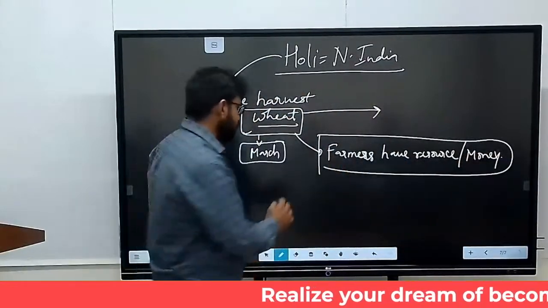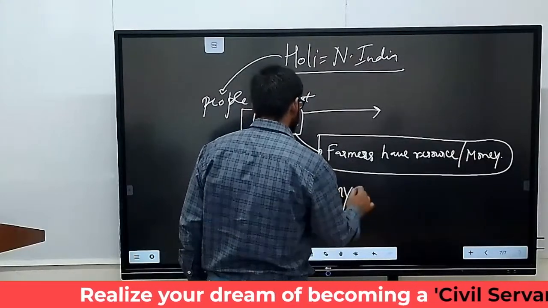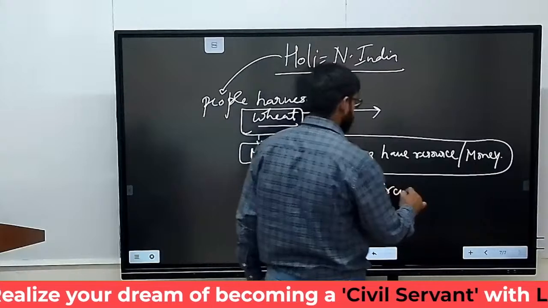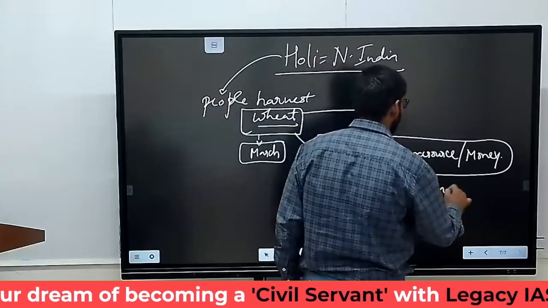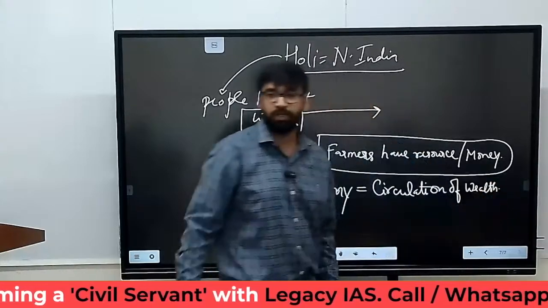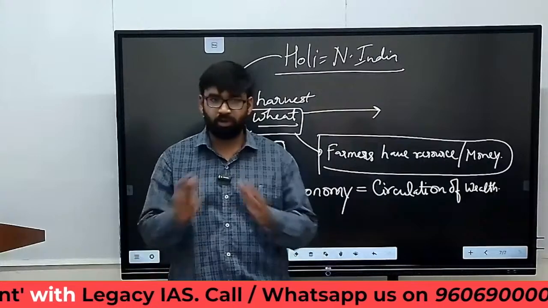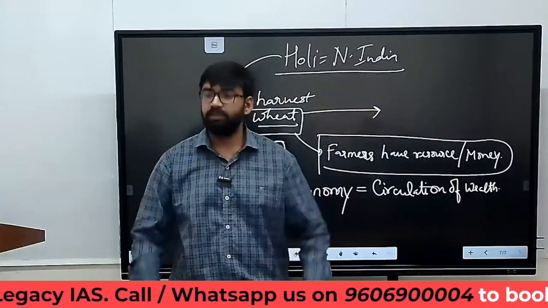Now what does economy say? Circulation of wealth, circulation of money through demand and supply.